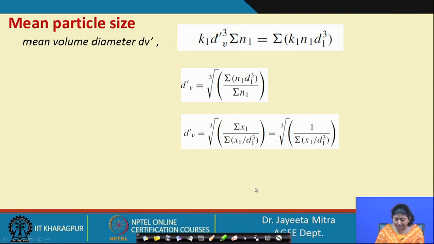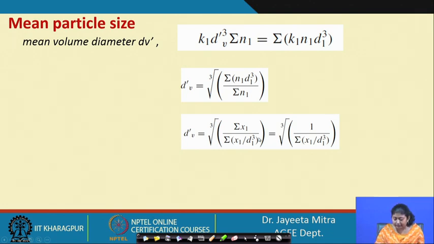Now, we can also write it on a mass fraction basis, that is cube root over summation x1, because x1 relates the number of particles to dimension cube. x1 is the mass fraction, and the density and k will be cancelled. Now, n1 will be x1 by d1 cube.